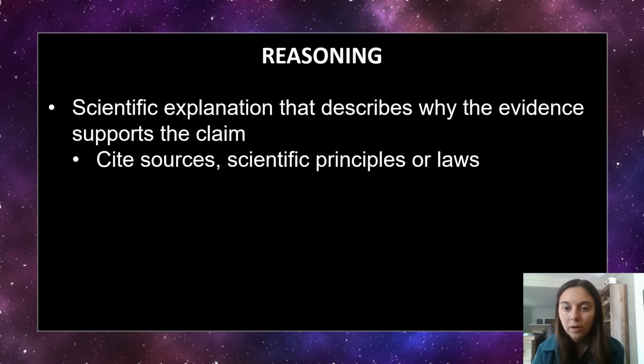If I'm talking about gravity, doing some experiment, dropping, I don't know, an apple, I'm going to use the law of gravity to support that in my reasoning. Or I'm going to use stanford.edu as my source. Okay, you have to have some basis behind what you're saying, something that's credible.